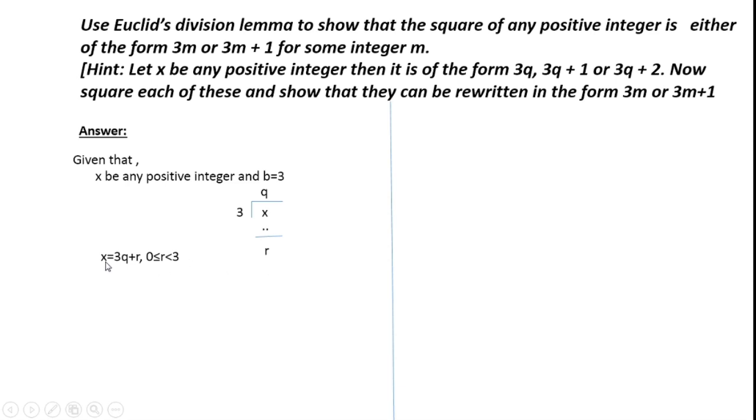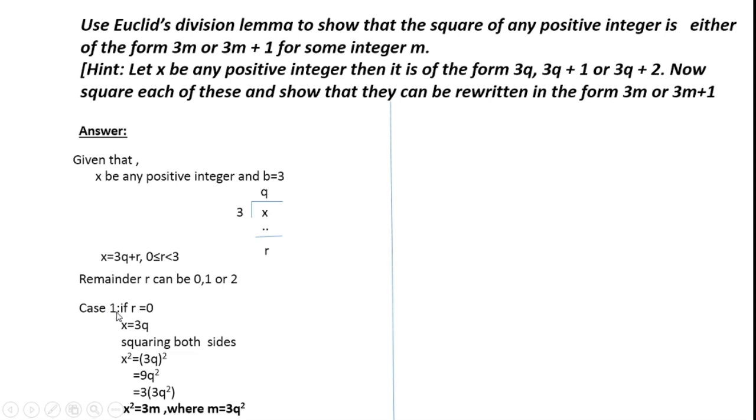We can write this as x equals 3q plus r, where 0 is less than or equal to r, which is less than 3. What is the meaning of this? The remainder r is less than 3. That means the remainder can be 0, 1 or 2. We will get three possibilities. Now we can check that.